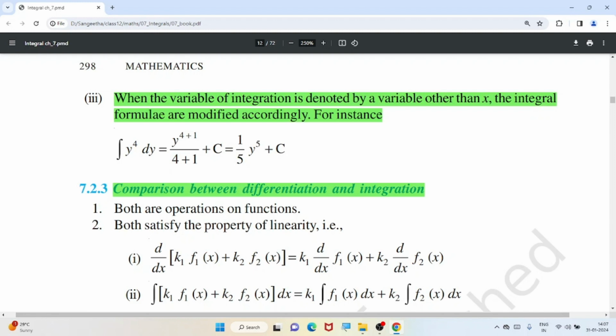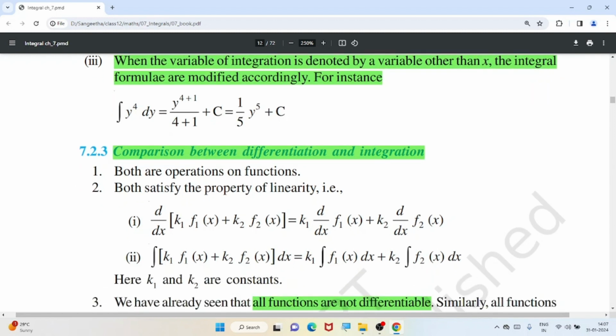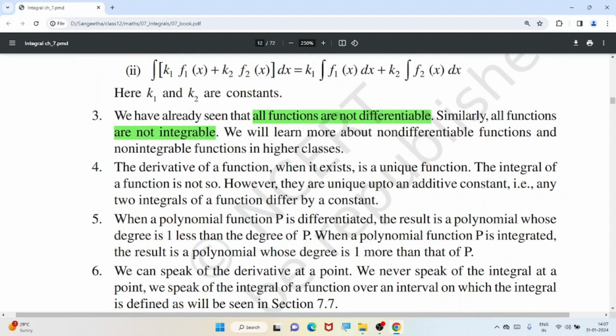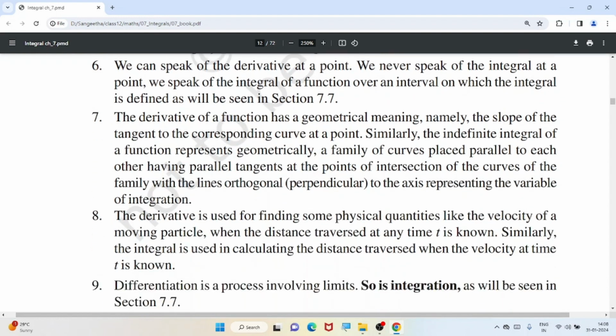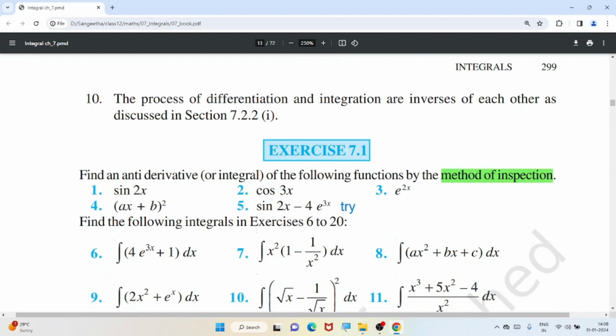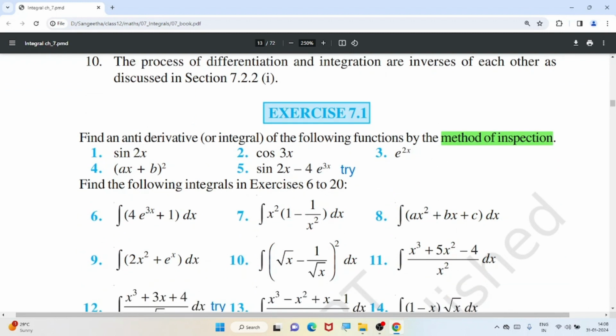Here we are using y, so dy. Differentiation and integration comparison, so you can go through this. In this exercise, if you have time, you try most of it, but at least try these things.